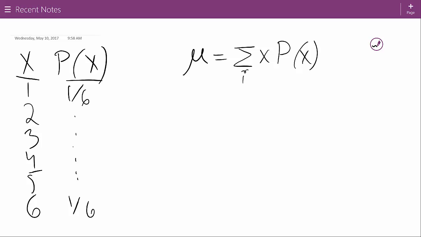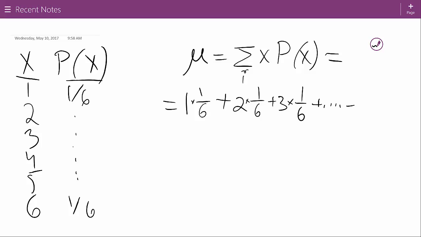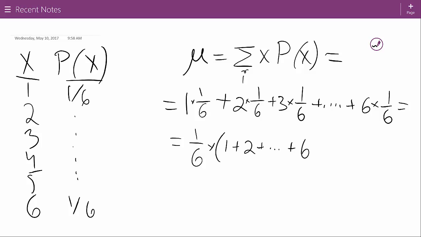I can get a 1 with the probability 1 out of 6, or a 2 with the probability 1 out of 6, or a 3 with the same probability, and the last one is I can get a 6 with the probability 1 out of 6. So 1 out of 6 is the common multiplier, and I have to multiply that by the sum of 1 through 6.